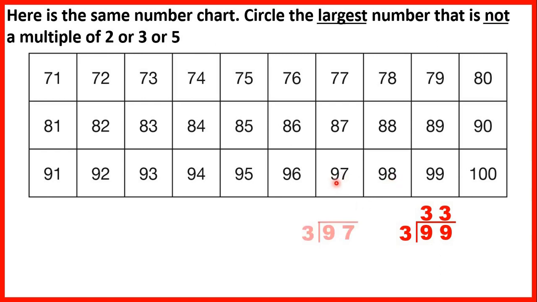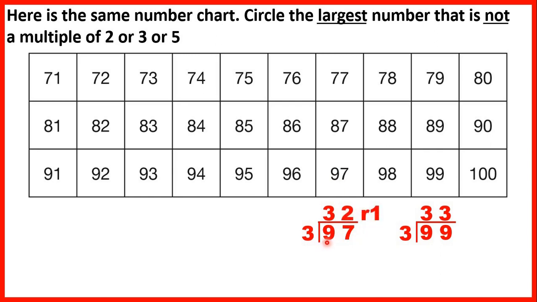So let's try 97. We know that it won't be a multiple of 2 because it's not an even number, and it won't be a multiple of 5 because it doesn't end in a 5 or a 0. So let's see if it's a multiple of 3. 9 divided by 3 is 3, but 7 divided by 3 is 2 remainder 1.